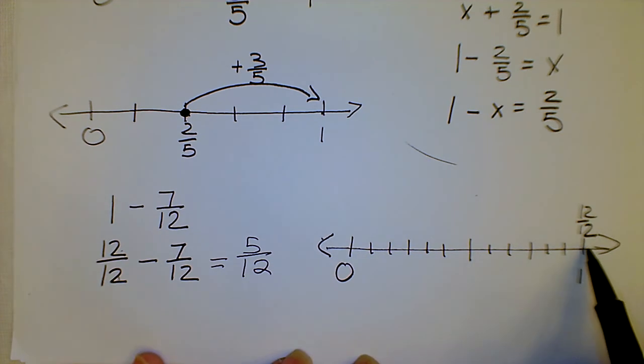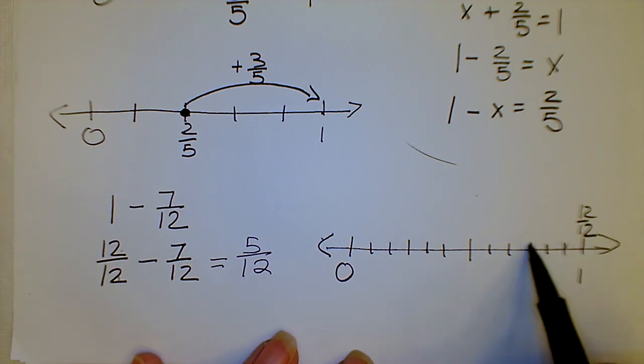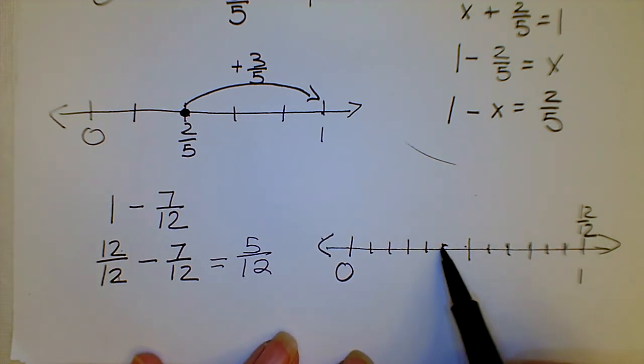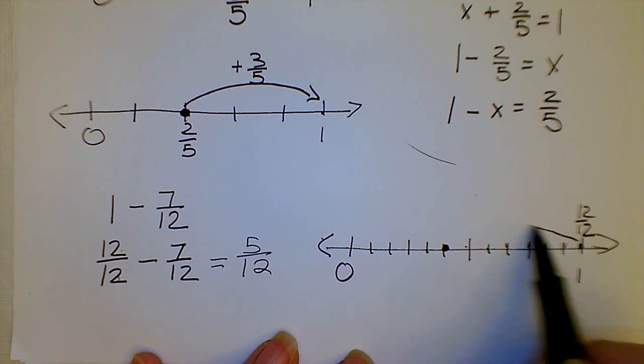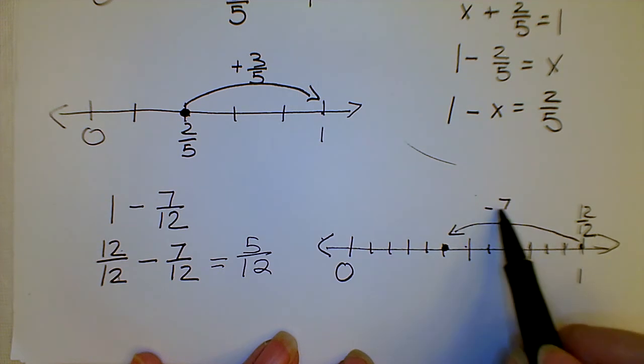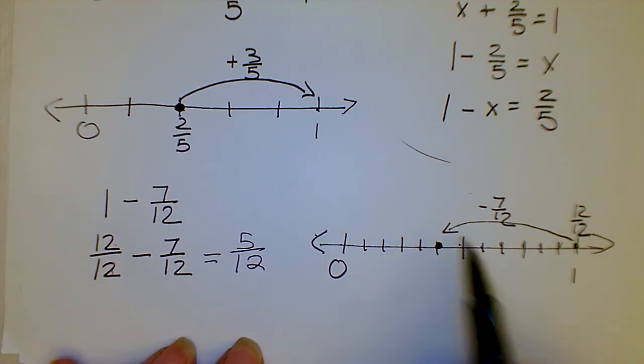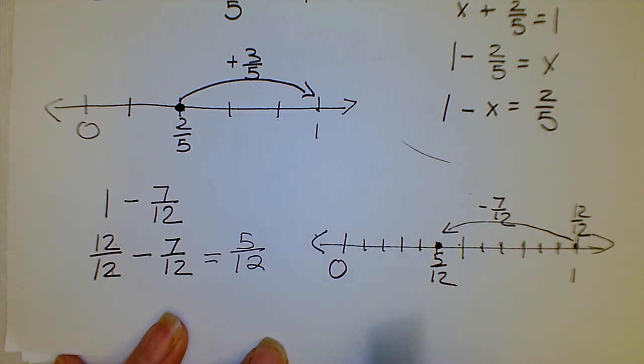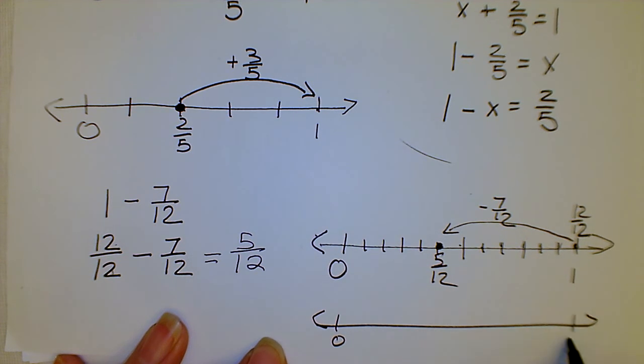And again, I could subtract 7/12. 1, 2, 3, 4, 5, 6, 7. And then I get to 5/12. Sorry, it just takes a second to do all those 12ths.